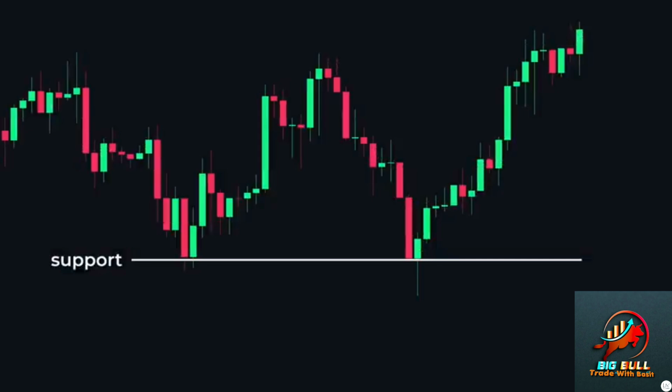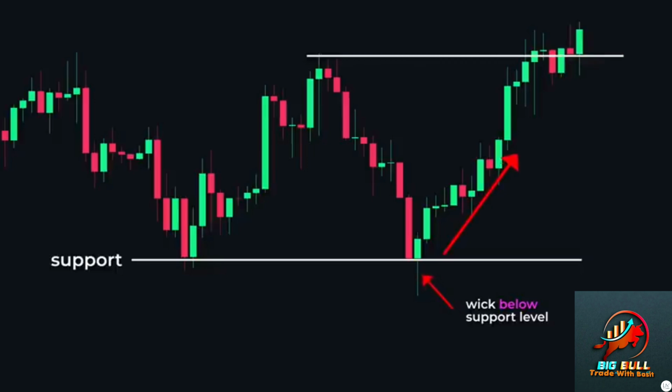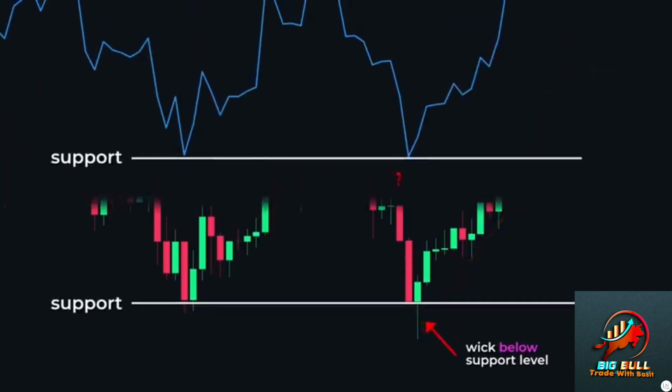However, when we switch to a candlestick chart, it tells a different story. The candlestick chart shows that, at one point, the price actually dipped below the support level, as indicated by the long wick, before moving back up and eventually closing at the key level. If we were using only a line chart, we wouldn't know this information. Details like these are crucial for price action traders because they can hint at where the price might go next.